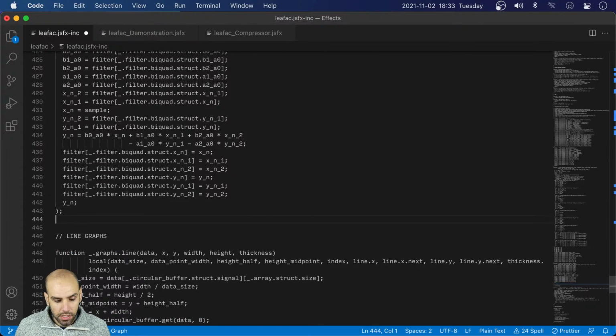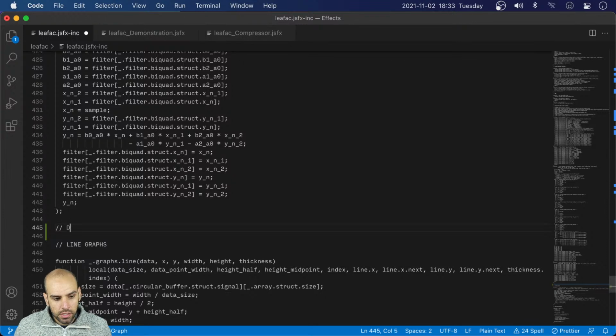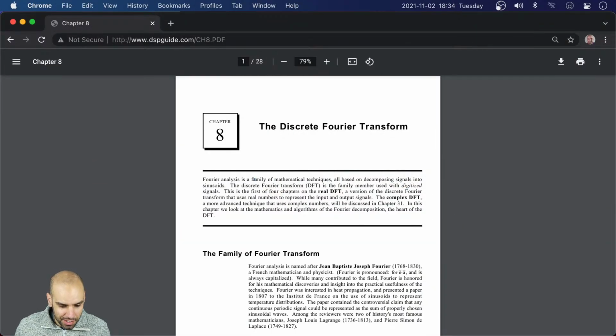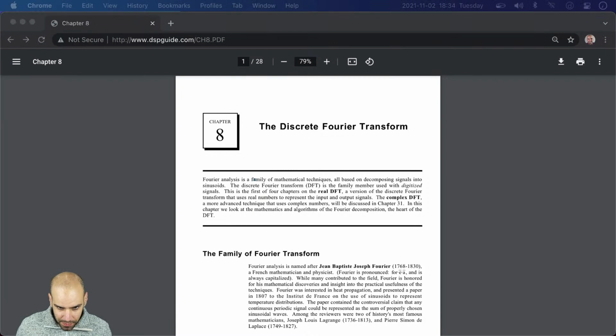We are going to implement this. I don't know how to spell this. Hey, Bo, great to have you here. Okay, I know how to spell the thing now.